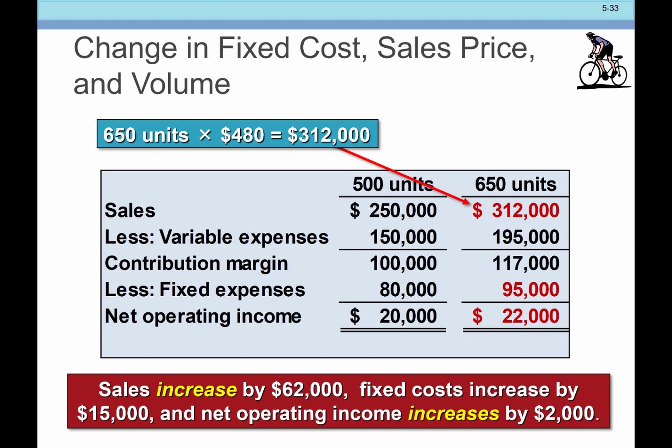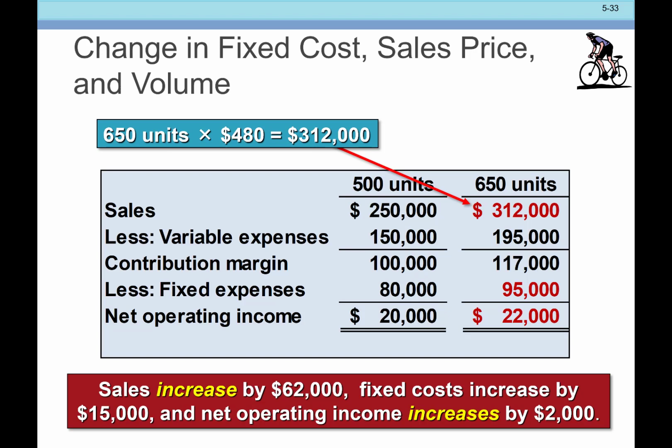Variable expenses are going to be 650 times 300, which gives me the contribution margin. More advertising means more fixed expenses, that's 15,000 more. And then we see that we've got $22,000 more in net income, right?